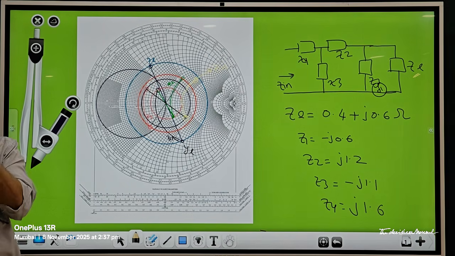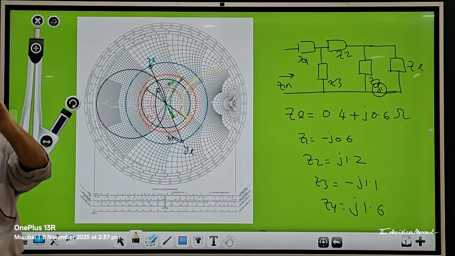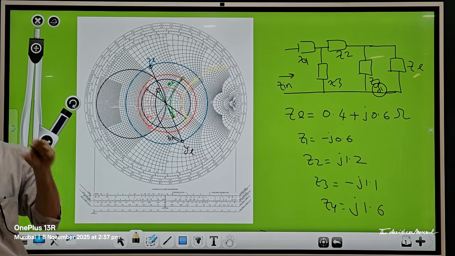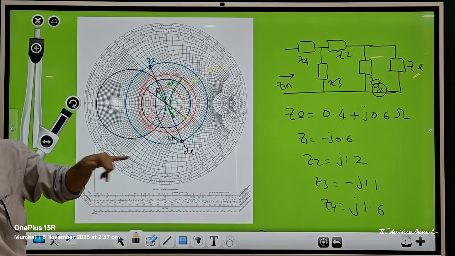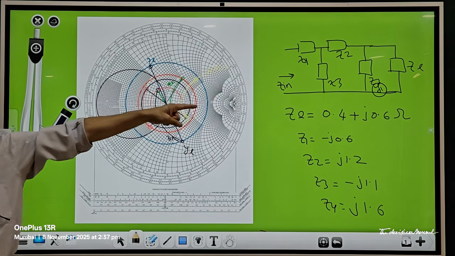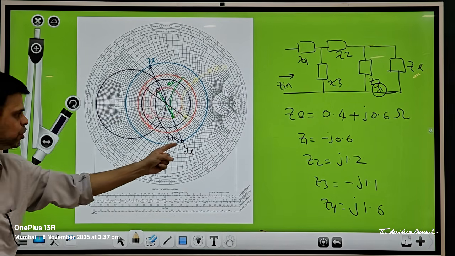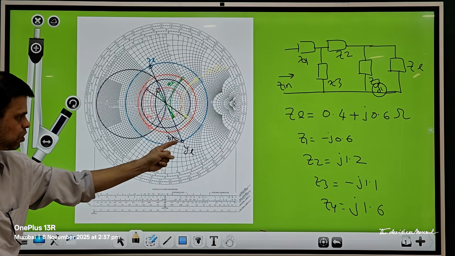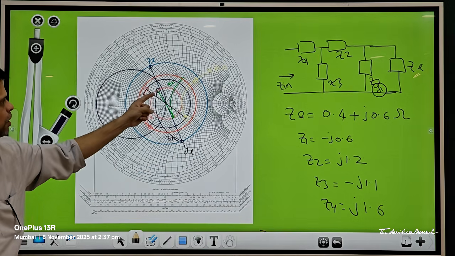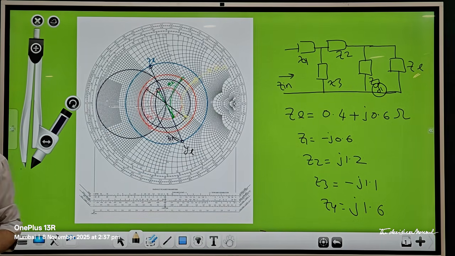Okay, remember, I will explain the procedure again. You have calculated YL from ZL, then you have calculated Y1 from Z1. YL will be indicated as 1 minus JB over here. To that you have added the susceptance of 1 upon Z1, and that's why you have moved along the constant G circle, which is basically a constant R circle, and you have arrived at this point.